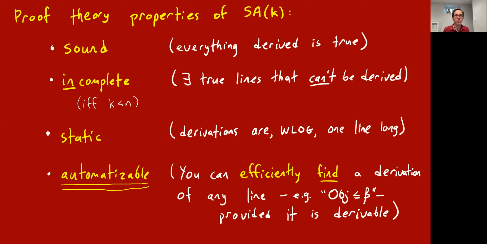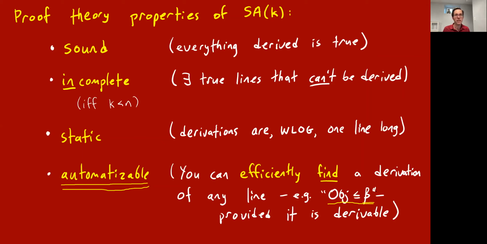So the property of the Sherali Adams proof system is that for any line which is derivable, an algorithm can efficiently find a derivation from the axioms. In particular for optimization problems, whenever a statement like 'the objective polynomial is at most 7' can be derived at all, then there's an efficient algorithm that finds it.